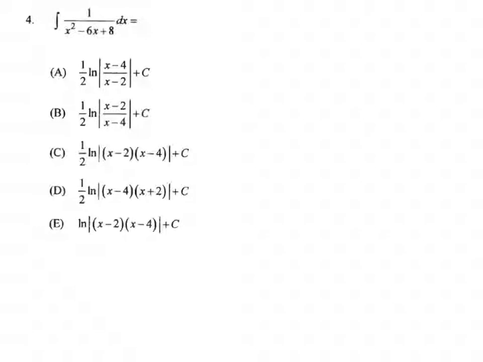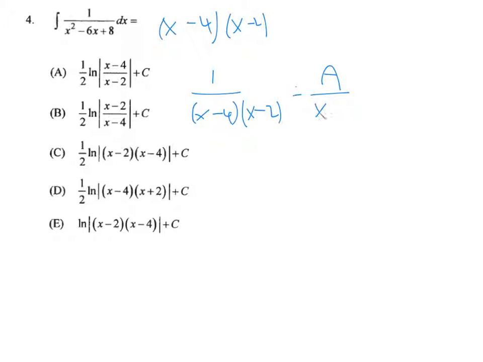Alright, some partial fractions here. So the bottom of that fraction there factors to (x minus 4) times (x minus 2). So I can think of this thing as 1 over (x minus 4)(x minus 2) is equal to A over x minus 4 plus B over x minus 2.